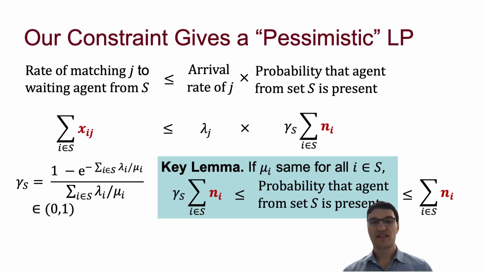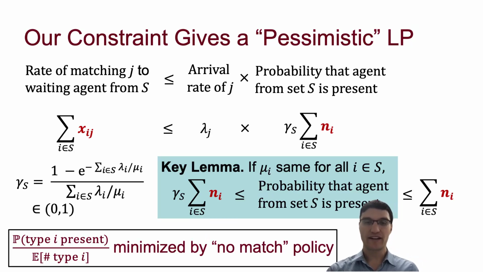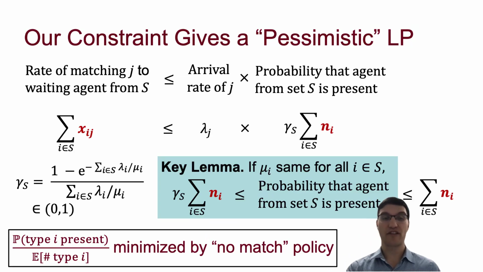Imagine taking this inequality that we have written in the lemma and dividing both sides by the sum of ni. Then what we actually get is the ratio of the probability that some agent of type I is present over the expected number of agents of type I that are present.